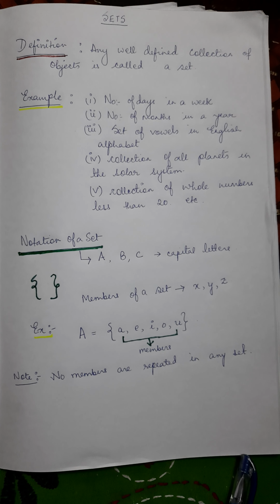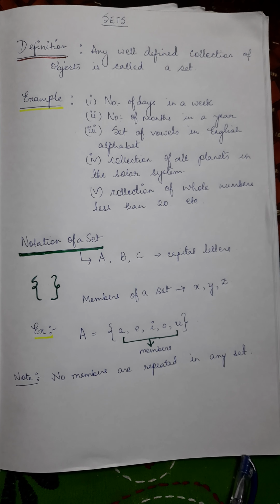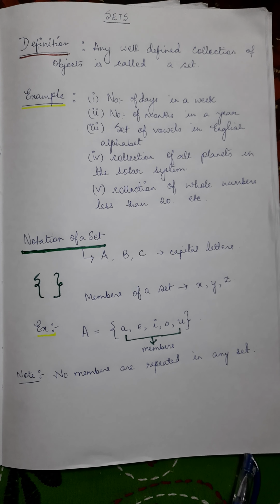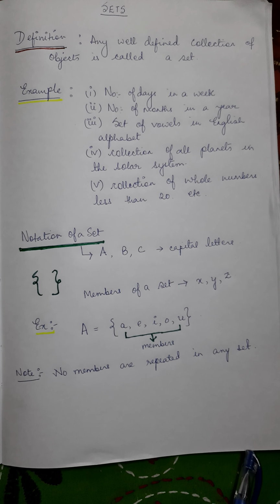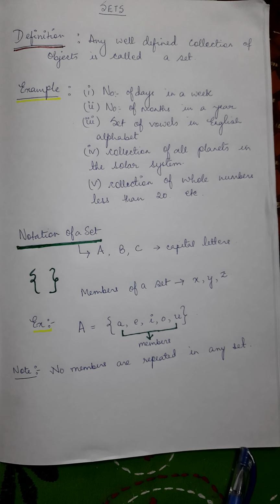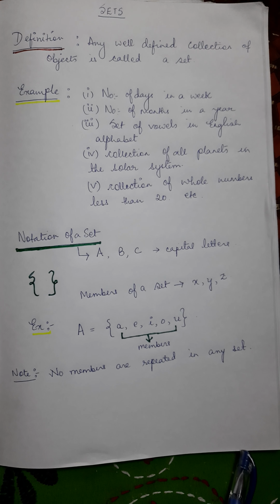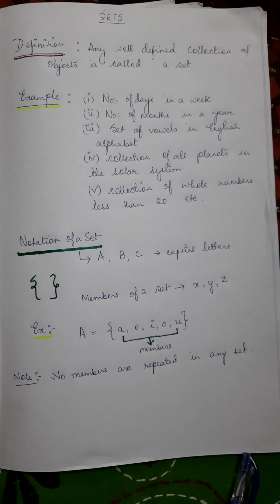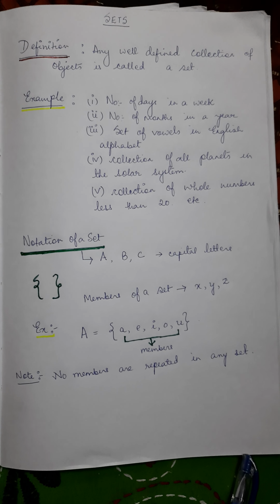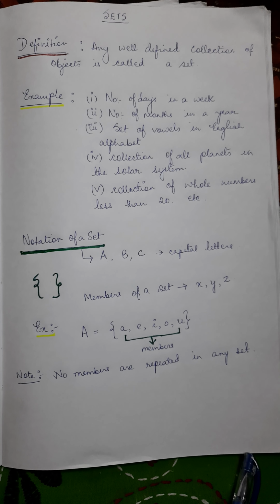It is always a second bracket. Now, what are members of a set? Members of a set means the numbers or the alphabets inside the second bracket, that is called the members of a set.